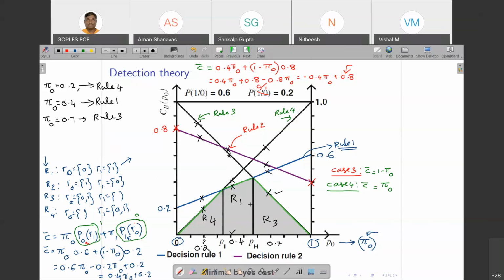More generally, we get this 3-partition region. The first part always ends up with rule 4, and the last part always ends up with rule 3. That never changes. In the middle, we have a choice between rule 1 or rule 2, depending upon the channel matrix. For this example it is rule 1 only, but for some other combination you may end up with rule 2. Only here does it change.